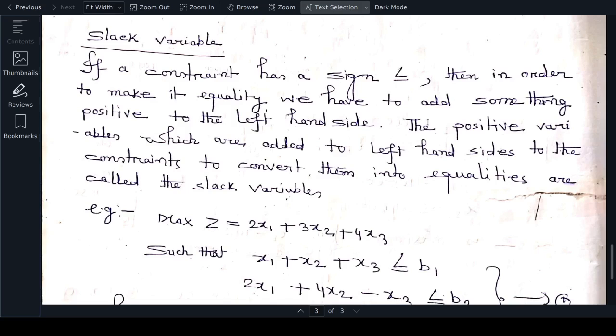The positive variables which are added to the left hand side of the constraint to convert them into equalities are called slack variables. Suppose x1 plus x2 less than or equal to 2. All of you write, suppose x1 plus x2 less than or equal to 2.